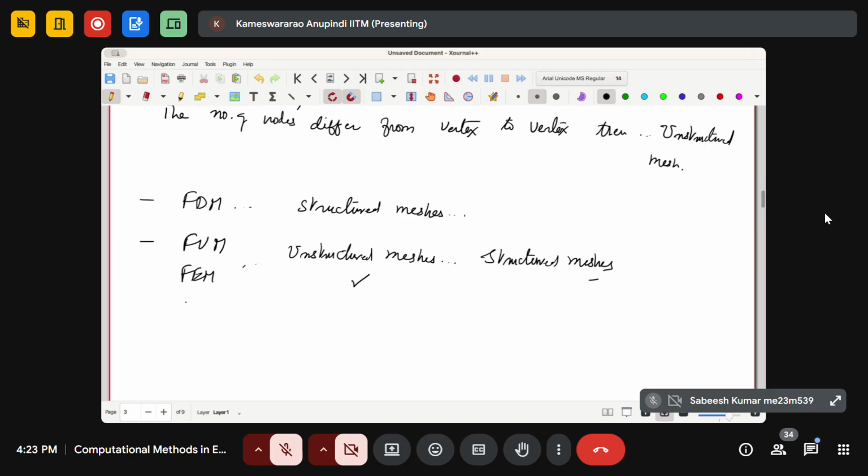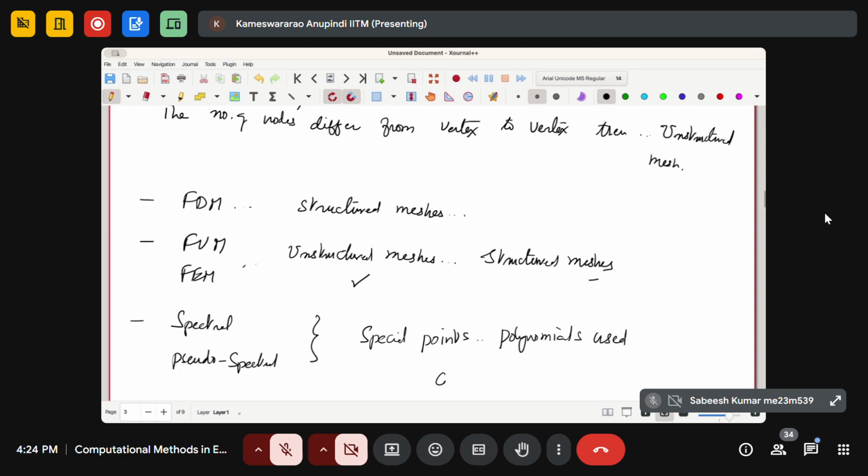Then you have these other methods, which are the spectral and the pseudo-spectral methods. These methods are typically applied on some special points, depending on the corresponding polynomials that are used.